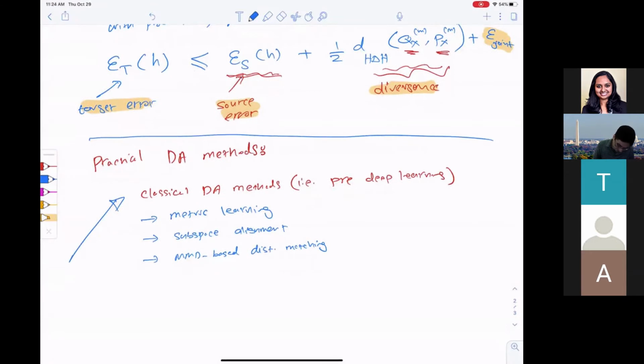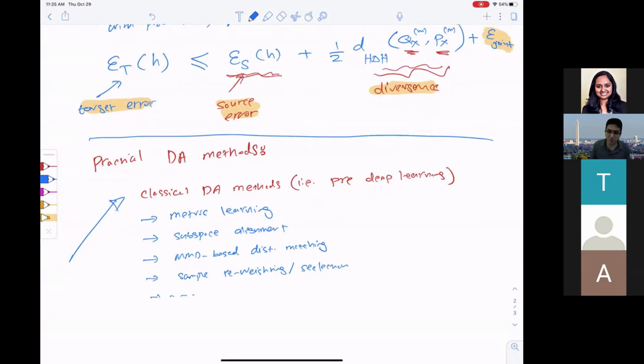I'm going to talk about the deep learning version of these methods later on. There are methods based on sample reweighting and selection. People thought that maybe if we upweight or downweight samples in source or target, we can make the two distributions closer to each other, and many other classical methods.